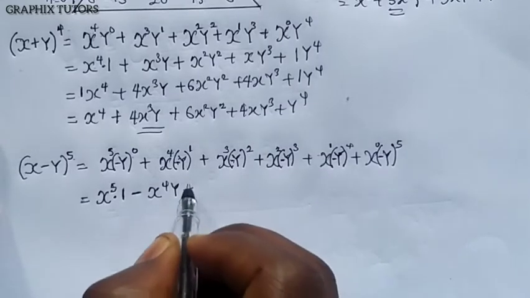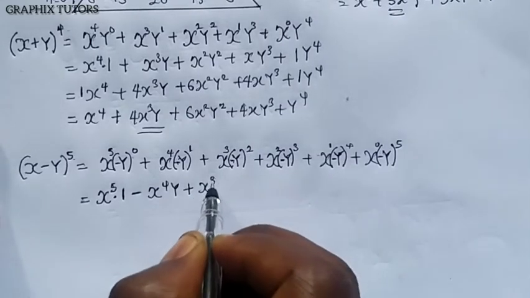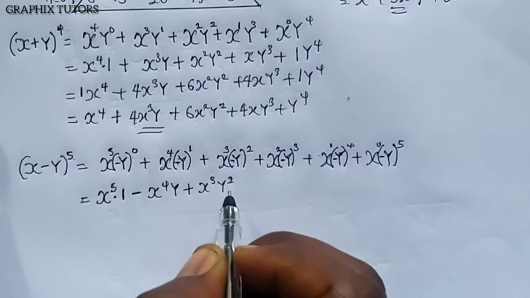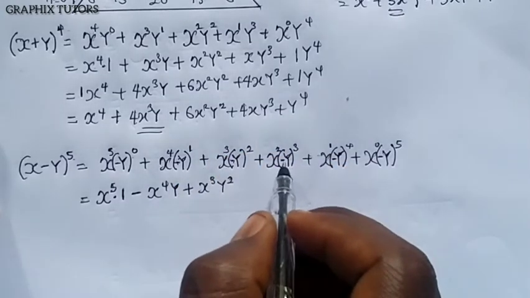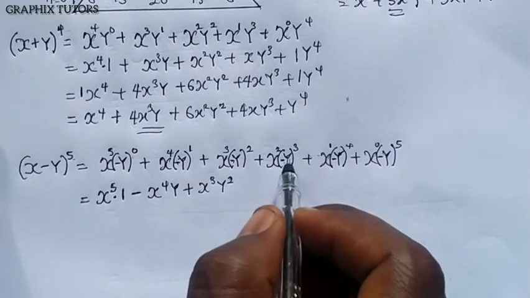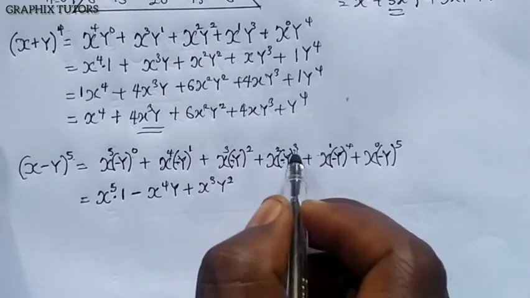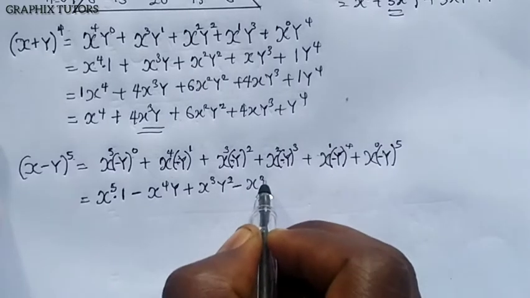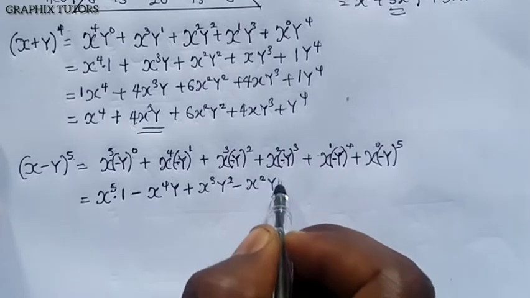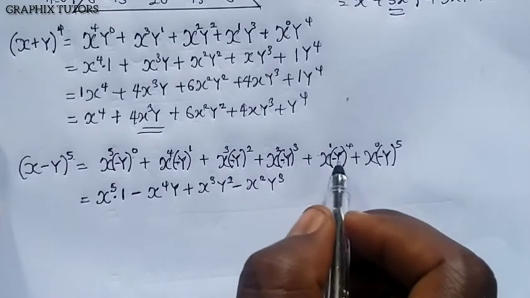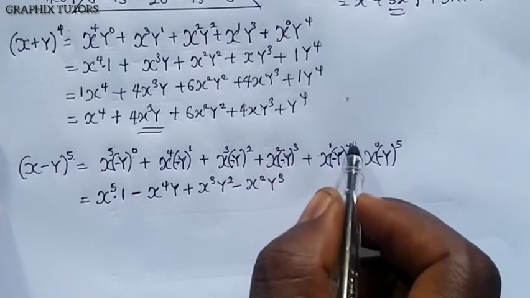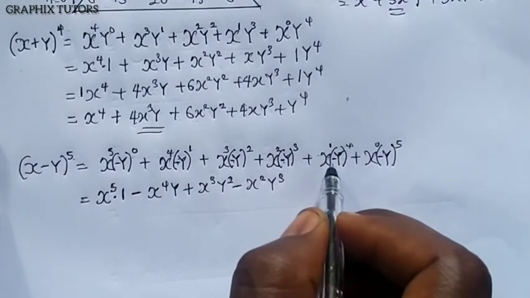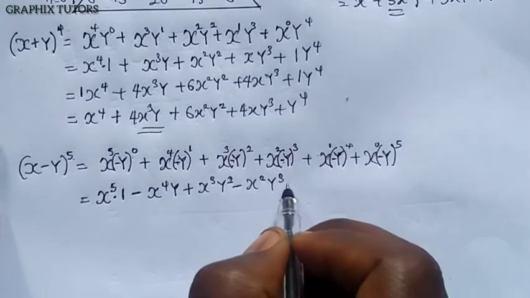So the positive will not change. I'll be having x^3, I'll have y^2. The next one, the power is 3, so the negative affects it because the power is odd. So I have minus here, so I'll be having x^2, then we have y^3. Then the next one, minus y raised to the power 4, the power 4 here is even, so the negative will not affect it. It will be plus xy^4.